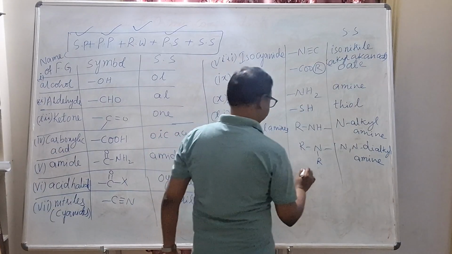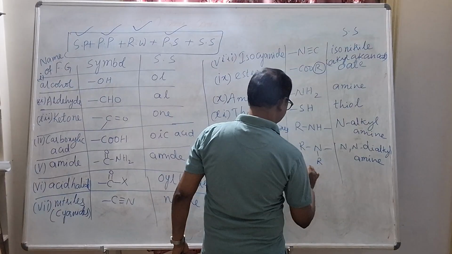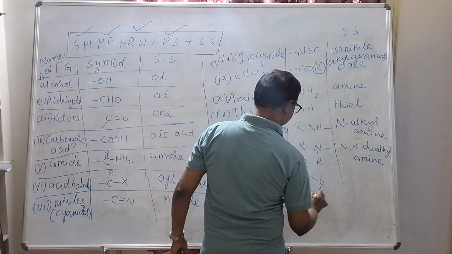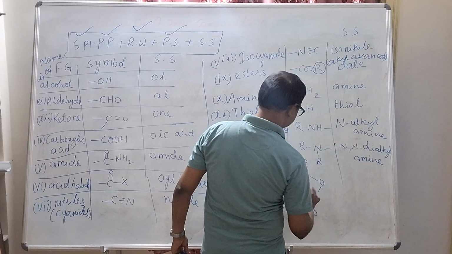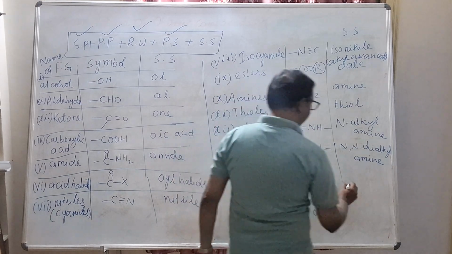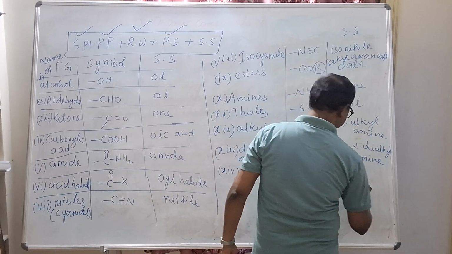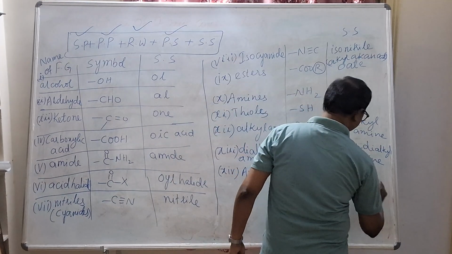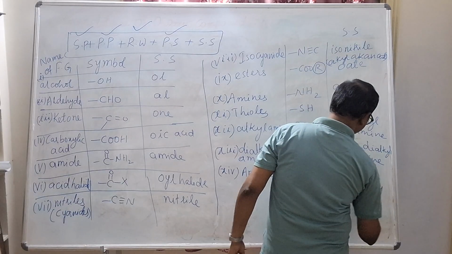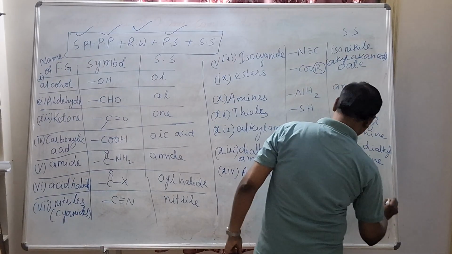In anhydrides, the group is C double bond O, O, C double bond O. We write oic anhydride: ethanoic anhydride, propanoic anhydride. We call it anhydride.